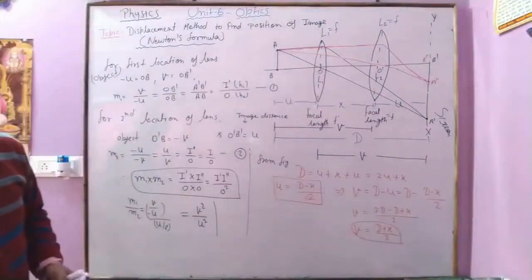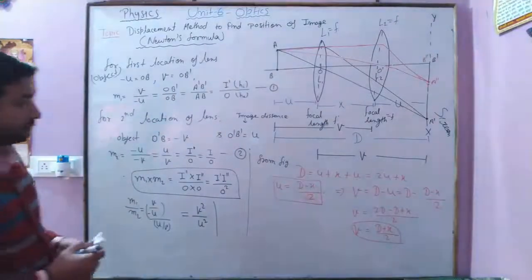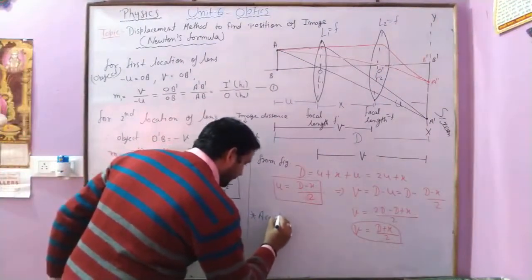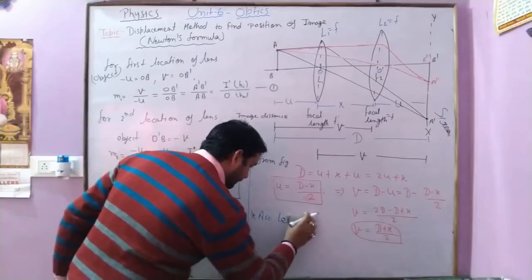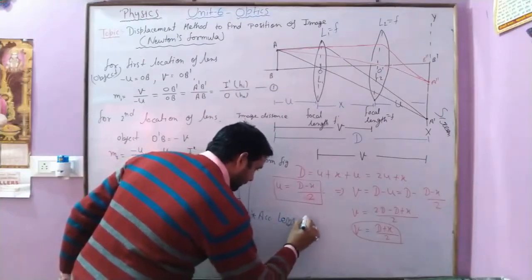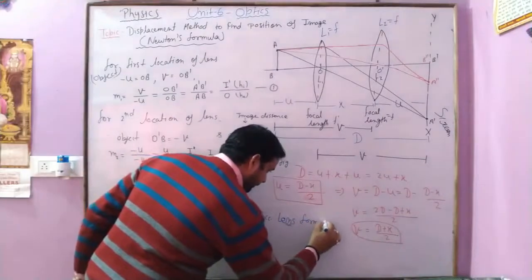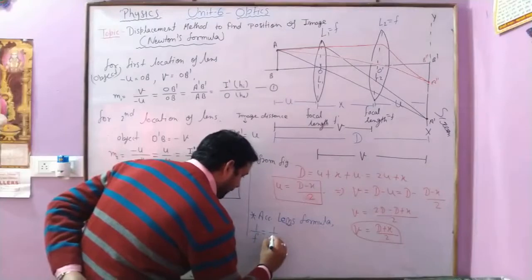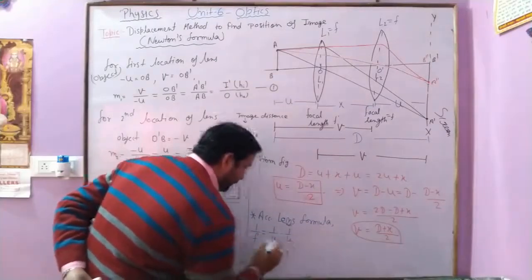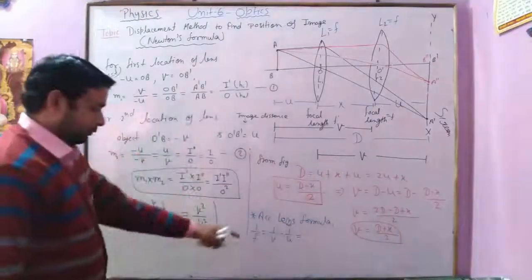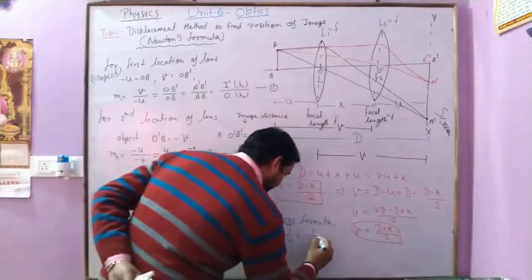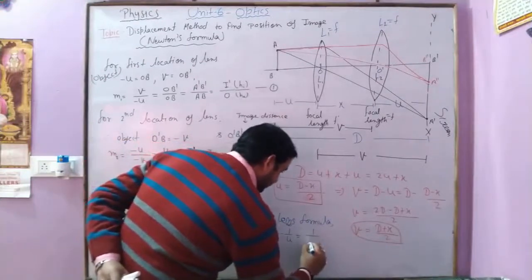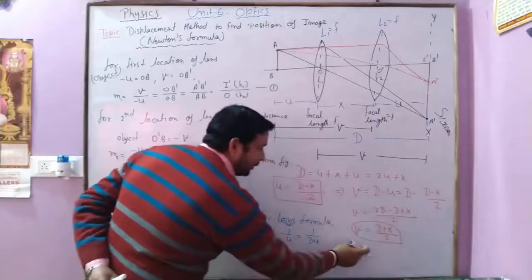Now, according to the lens formula, 1 upon f is equal to 1 upon v minus 1 upon u. We get 1 upon (d plus x upon 2).